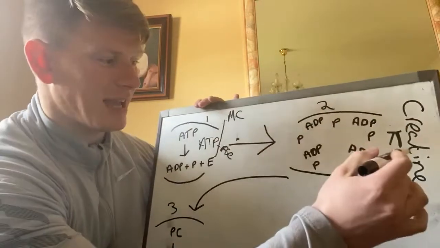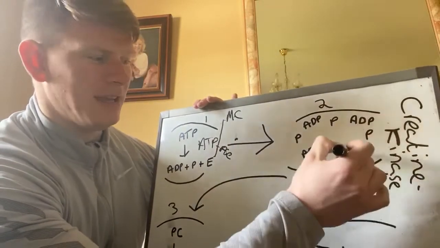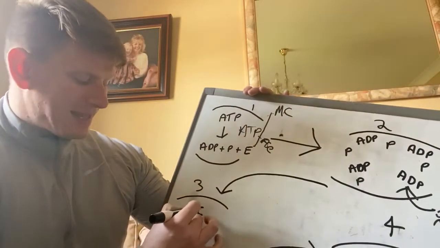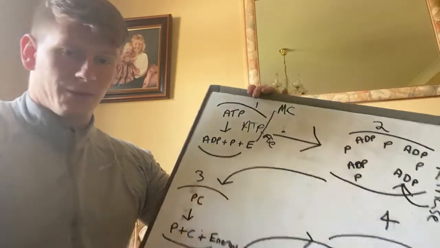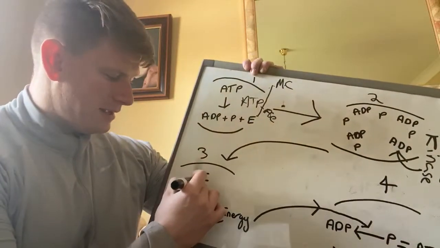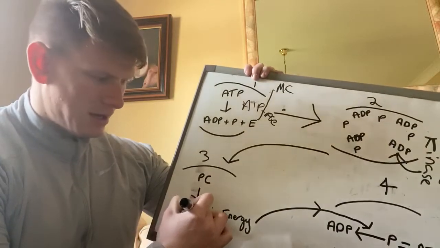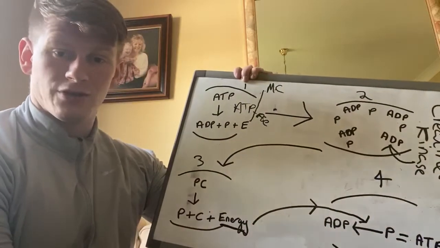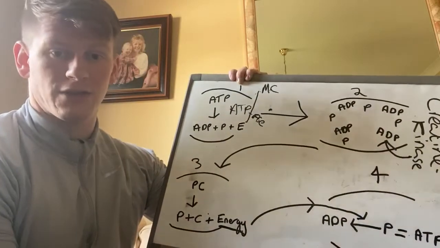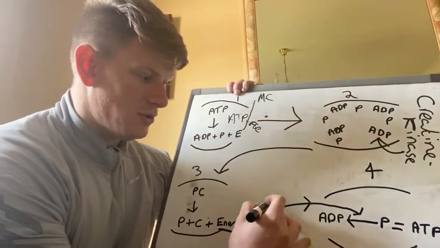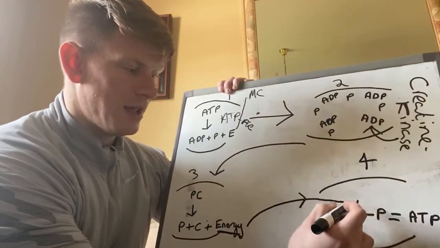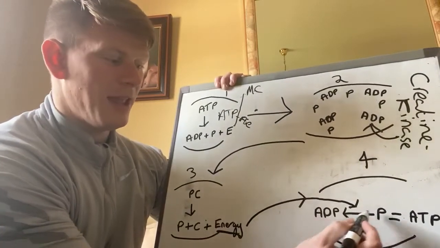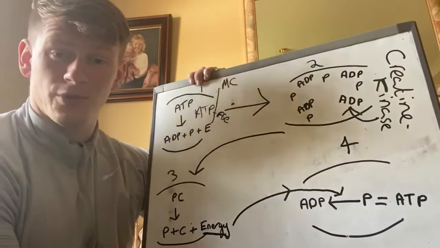What it does then is it breaks down PC into P plus C plus energy. Now this energy isn't used for muscular contractions. It's got a different job. This energy is going to be used over here to help stick back together the ADP and this P that's just sitting in the muscle right now.